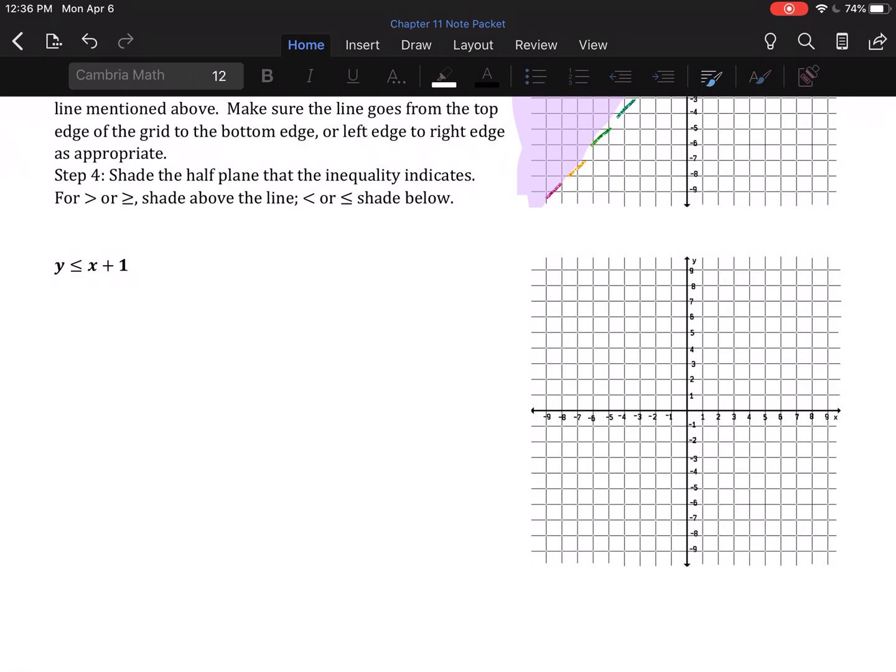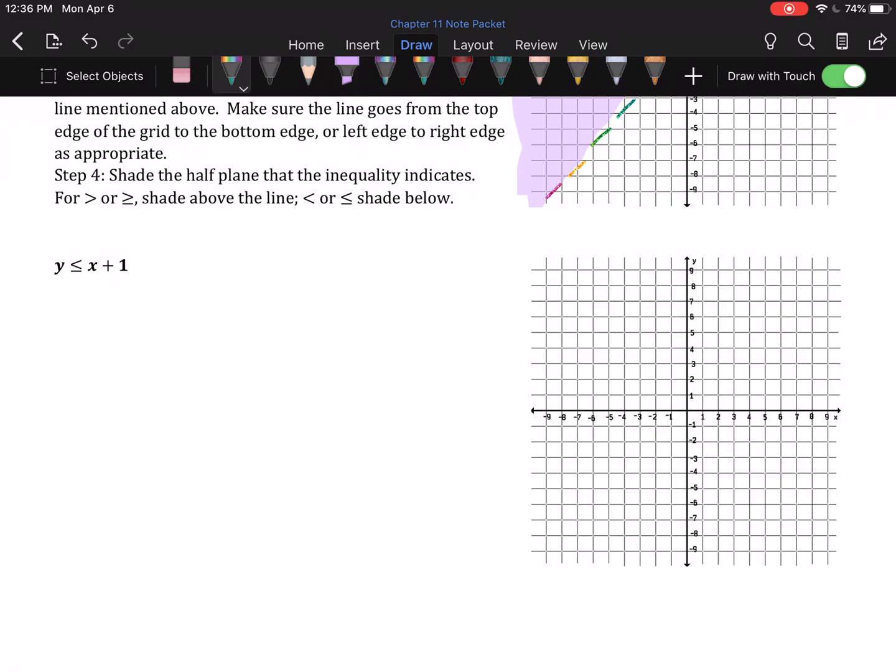So, next one. y is less than or equal to x plus 1. Again, here it's already in slope-intercept form. Slope is 1, y-intercept is 1. So, using words, what would it be? Plot the y-intercept, which is 1.